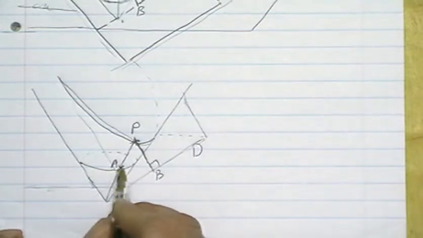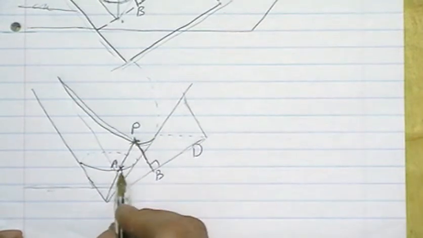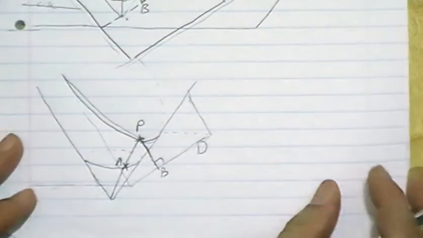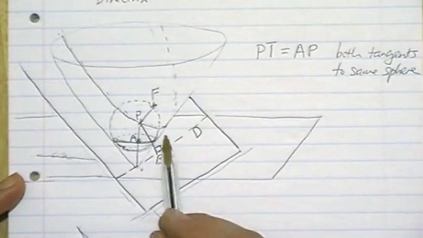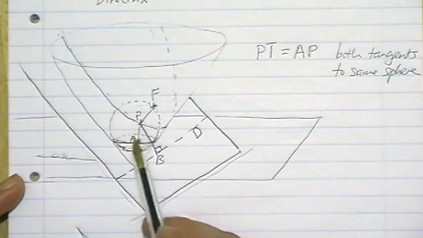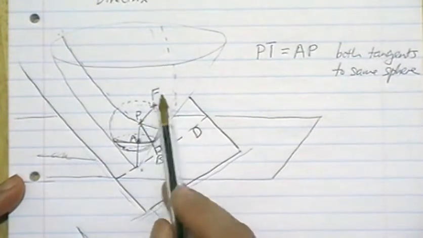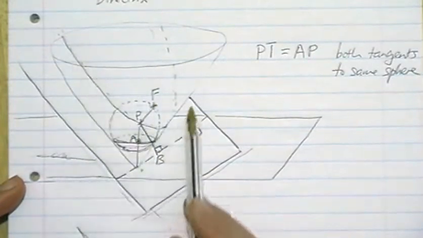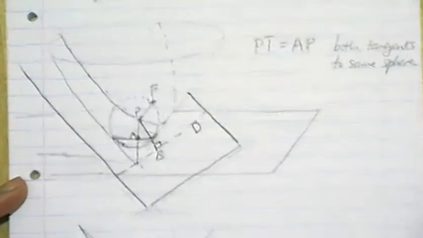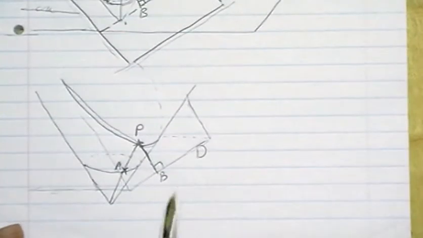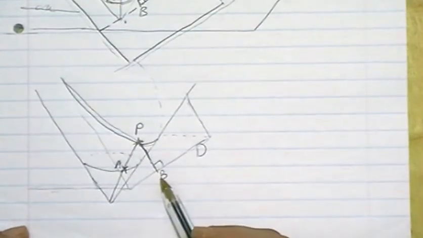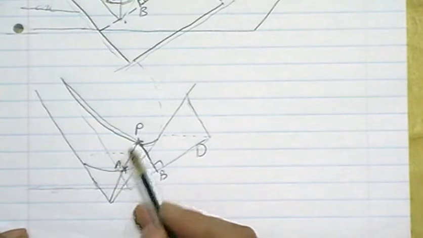So, I wanted to show that PA is equal to PB, because if PA is equal to PB, then PB is equal to PF, which would then prove that this is indeed a parabola. So let's look at PA and PB and think about why they might be equal.